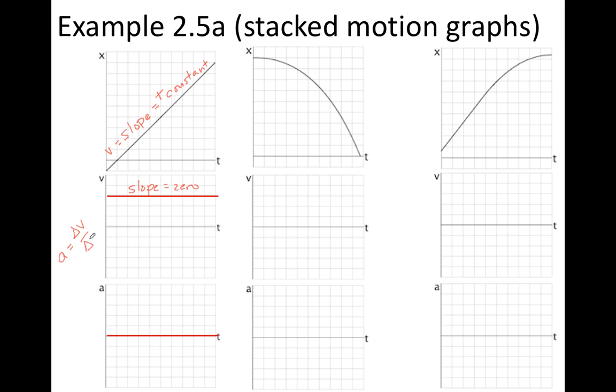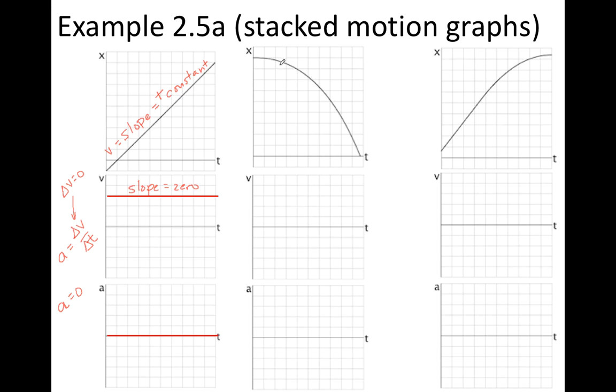If the velocity is constant, the velocity does not change, right? The change in the velocity must be 0, and therefore the acceleration has to be 0. So we're going to graph a constant value of 0 for the acceleration for this first family of graphs.